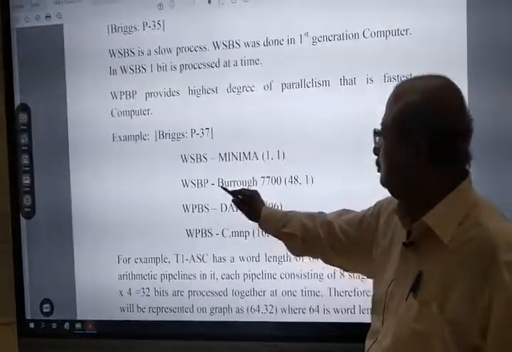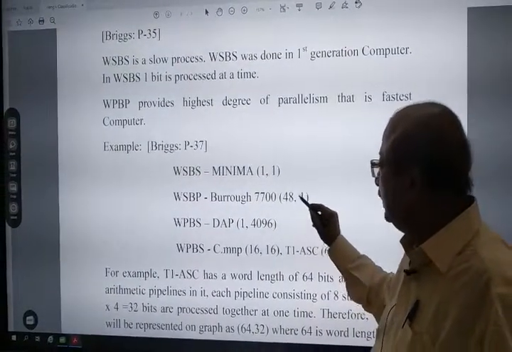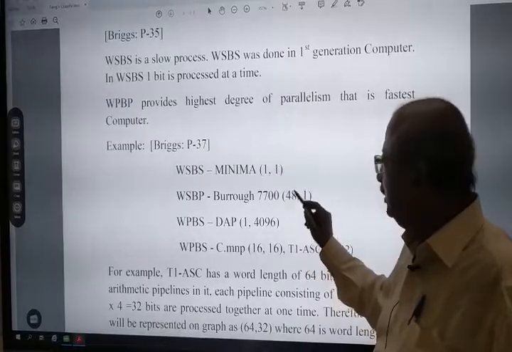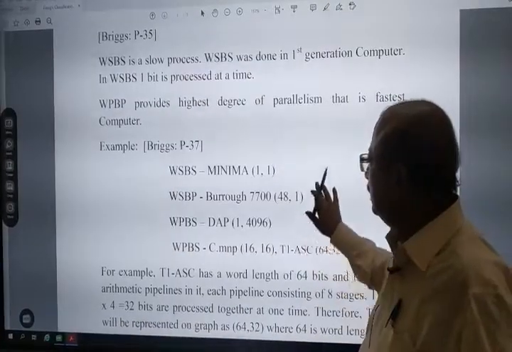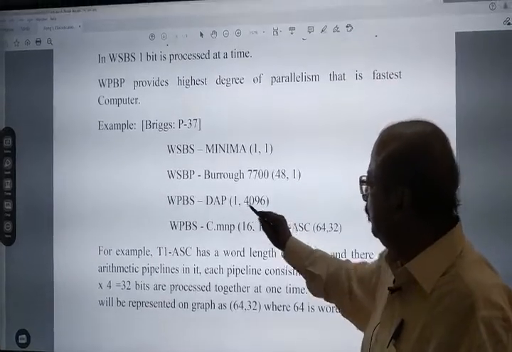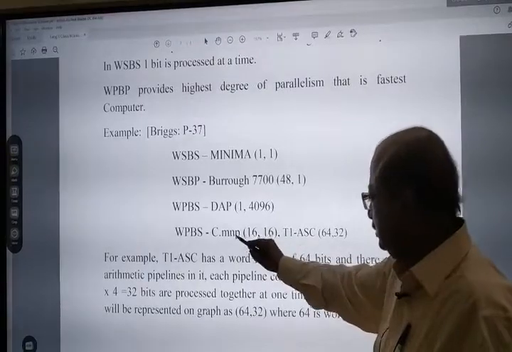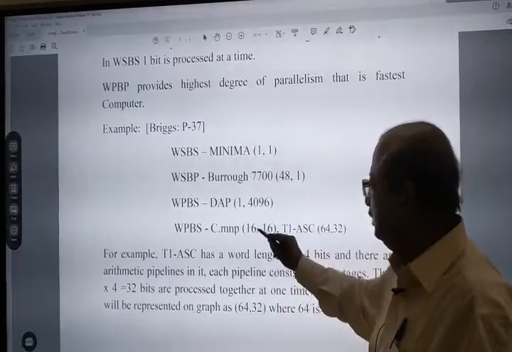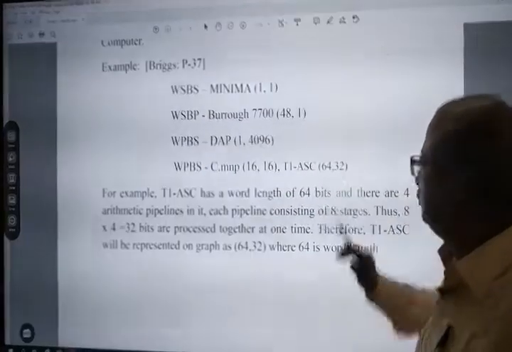Don't confuse. Word serial, bit parallel: Burroughs 7748, where 1 is the word length and 48 is the bit slice length. And DAP 1 4096 is word parallel, bit serial. Under this category, C.mmp is one computer, another is T1ASC of 64 32.